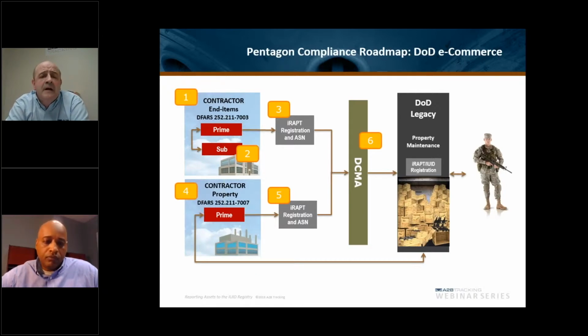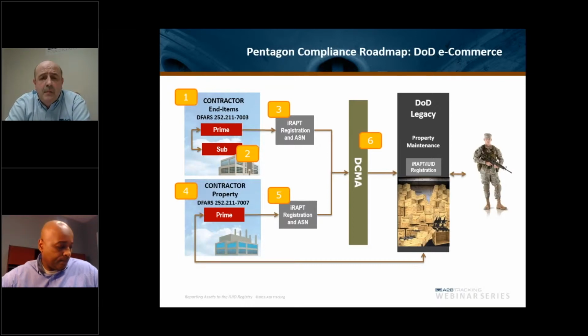Now, as the prime contractor, you also have the responsibility for your subprime contractors to follow this same process. So if a subprime is supplying you with either a finished good or a component, that needs to be marked with an IUID label. As the subprime contractor, however, they do not have the requirement to report that item. That falls on the prime.